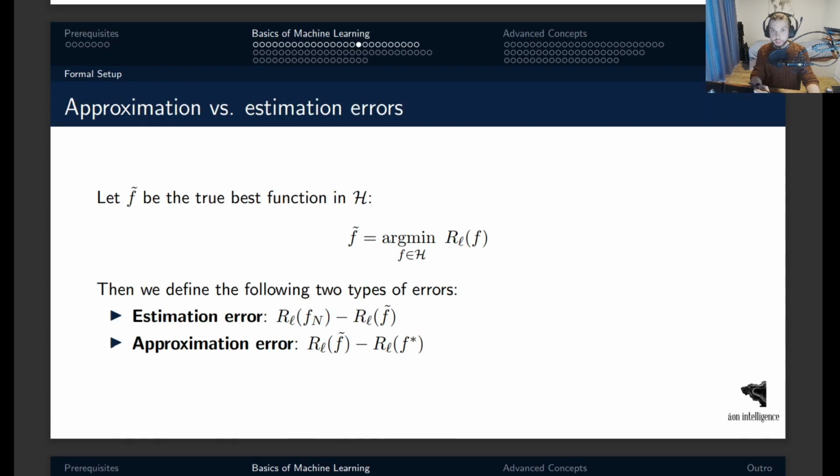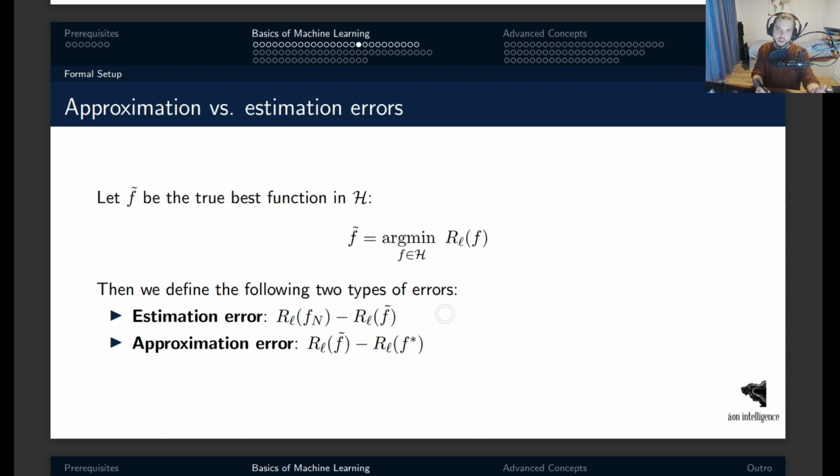Now, since the empirical risk is an approximation of the true risk, and we're interested in minimizing the true risk, again, that's the goal in machine learning, we can define an object of interest, which is the best true prediction model in H, f tilde. This is the particular prediction model that minimizes the true risk instead of the empirical risk, as in the previous slide.